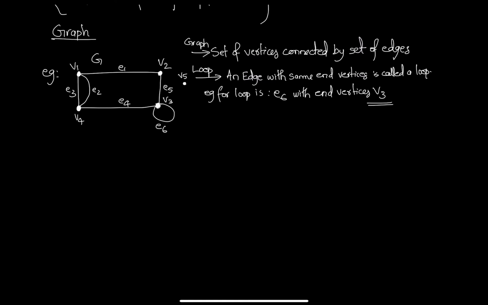We see that two edges, E2 and E3, are having the same end vertices V1 and V4.